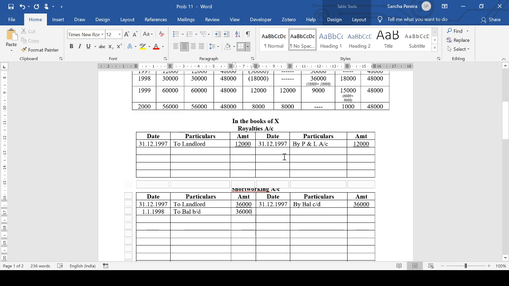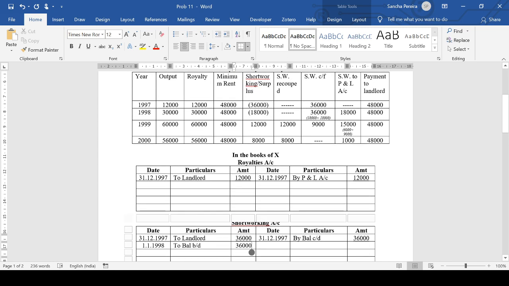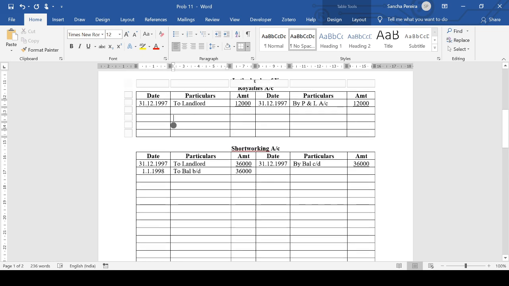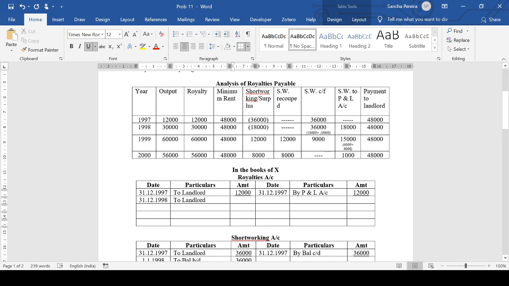Okay, this closes automatically. Coming to the second year now, we have a situation wherein the minimum rent again is more than the actual royalties, so we need to start passing the same entries again. Royalties account debit, short working account debit to landlord. So 31st December 1998, to landlord. How much is the royalty? 30,000.